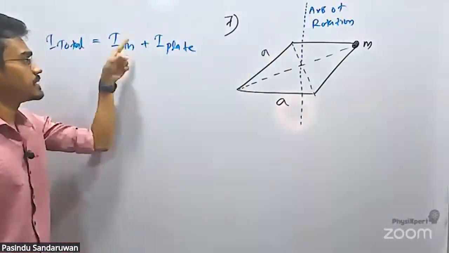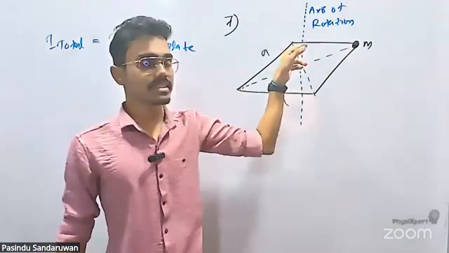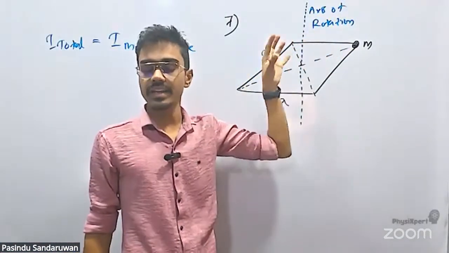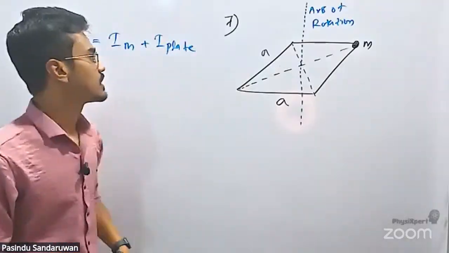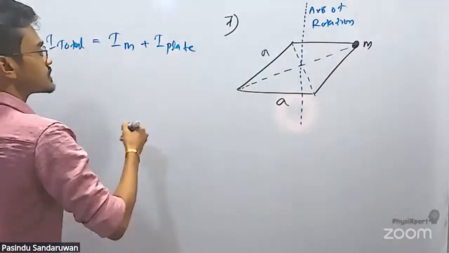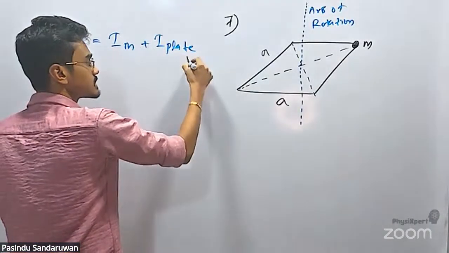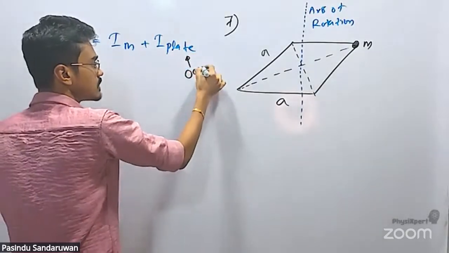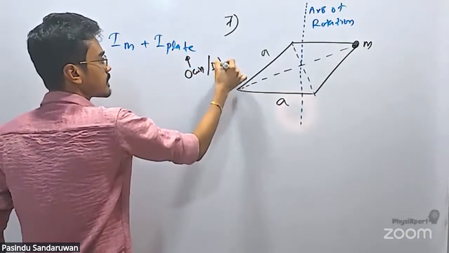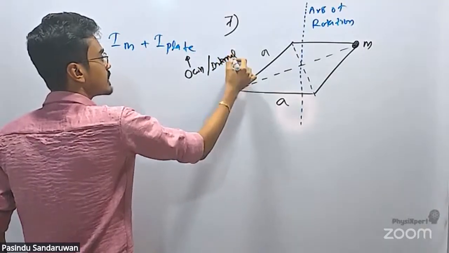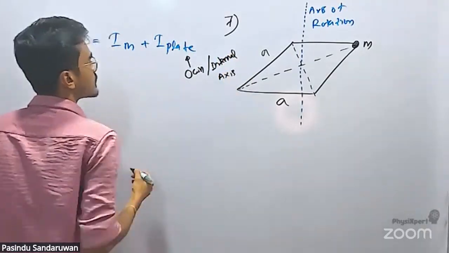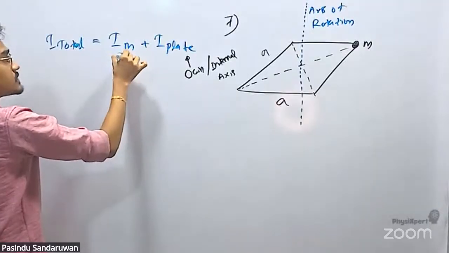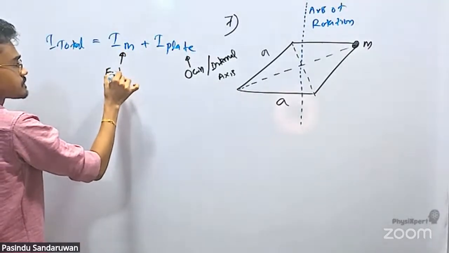But m is rotating around an external axis, which means we can write it using mr squared.